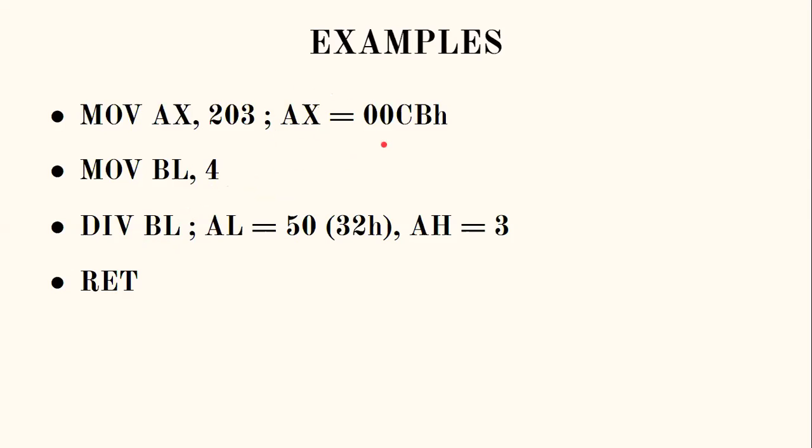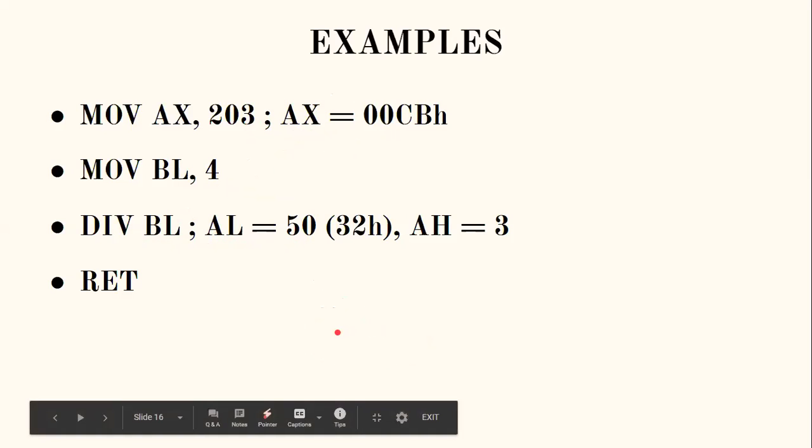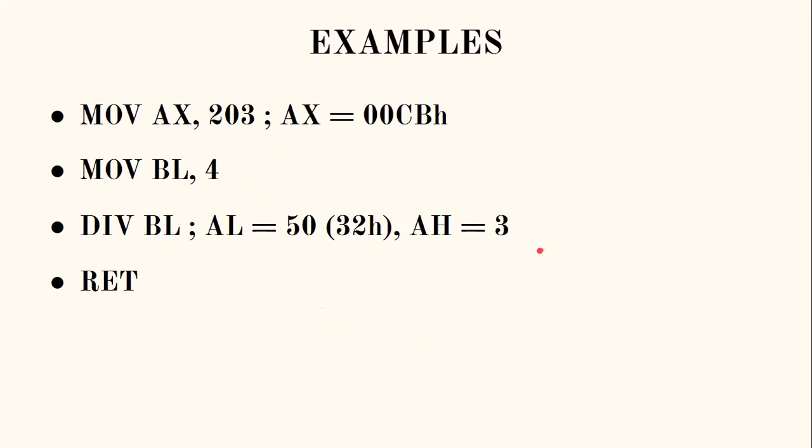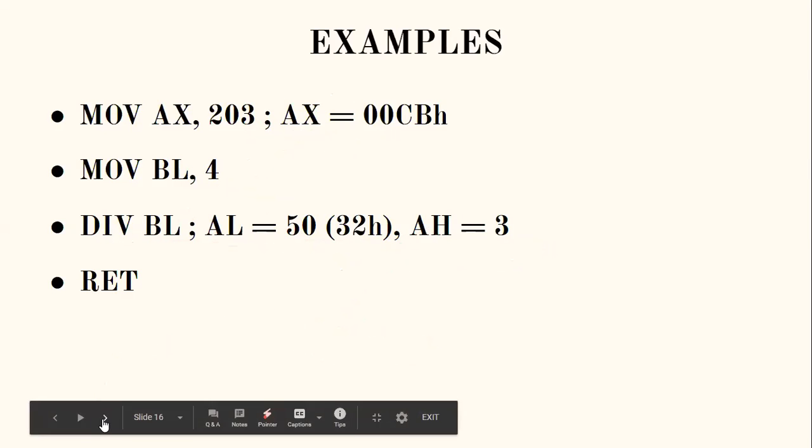The division is performed and the quotient obtained is stored in the AL register, and the remainder obtained is stored in the AH register. Here the values are shown in decimal, but it can be verified by writing the numbers in hexadecimal also.